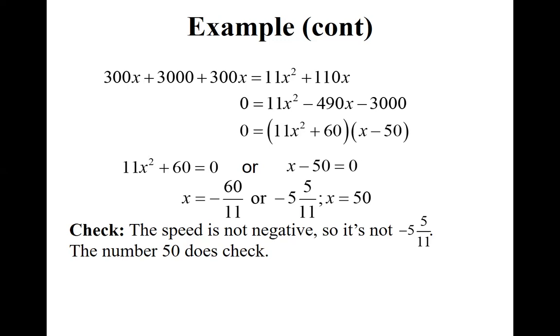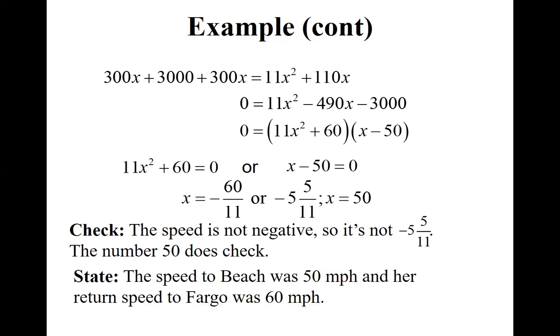So do the quadratic formula, see if you can get 50 and negative 5 5/11. If you can, then you can say that you did the problem that showed that the speed to Beach was 50 miles per hour and the return speed to Fargo was 60 miles per hour.